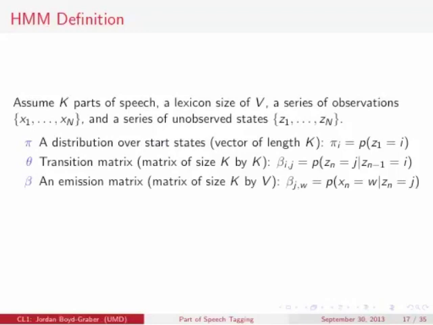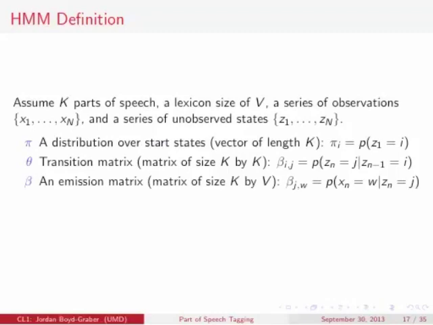We also have a transition matrix that tells us what is the probability, if you're in state i at time n-1, that you'll be in state j at time n. And we also have an emission matrix, beta, that tells you what is the probability of emitting a particular word w given that you're in state j.